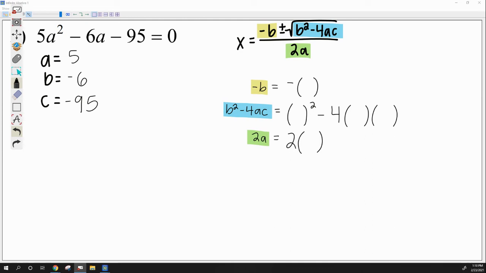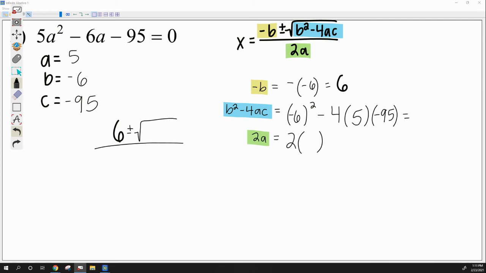All right, what goes here? Negative 6. A negative and a negative make a what? Positive. So this is going to be a positive 6 right here. This is negative 6, 5, and negative 95.